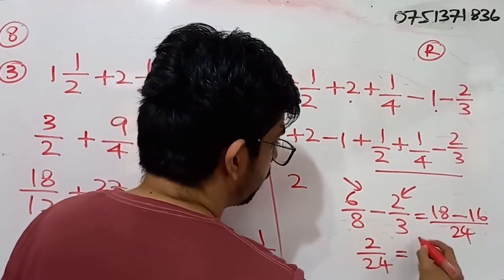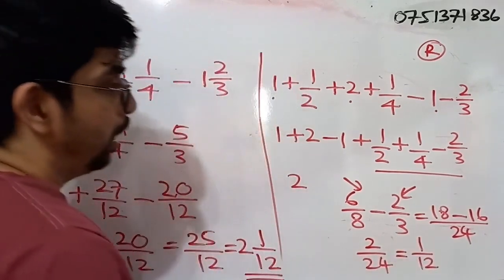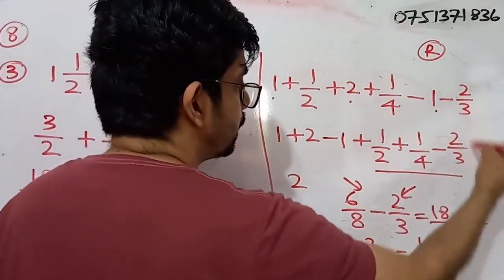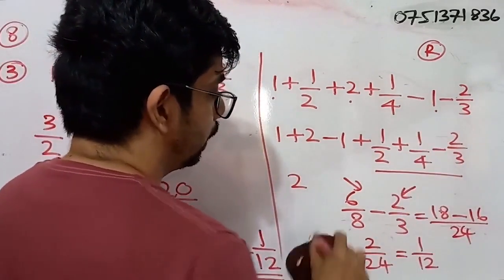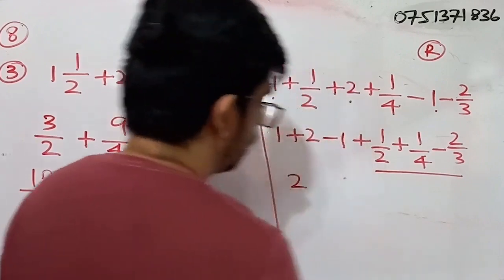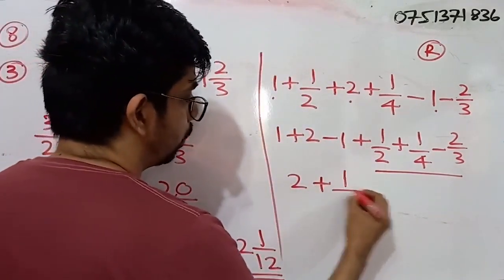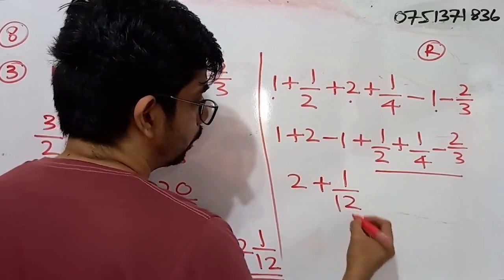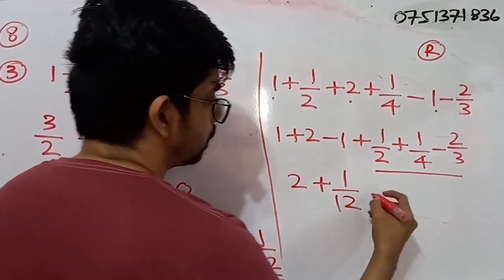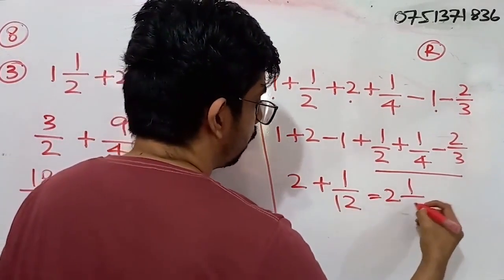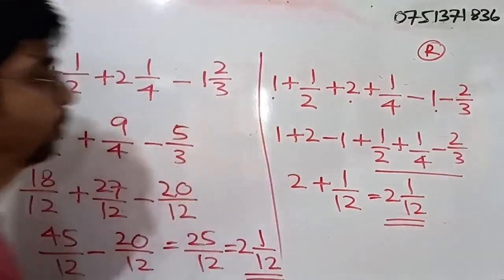So we can simplify this as what? 1 by 12. So what is the output of this simplification? Positive 1 by 4. So plus positive 1 by 12. So when we simplify this, we get what? 2 and 1 by 12, just as before.